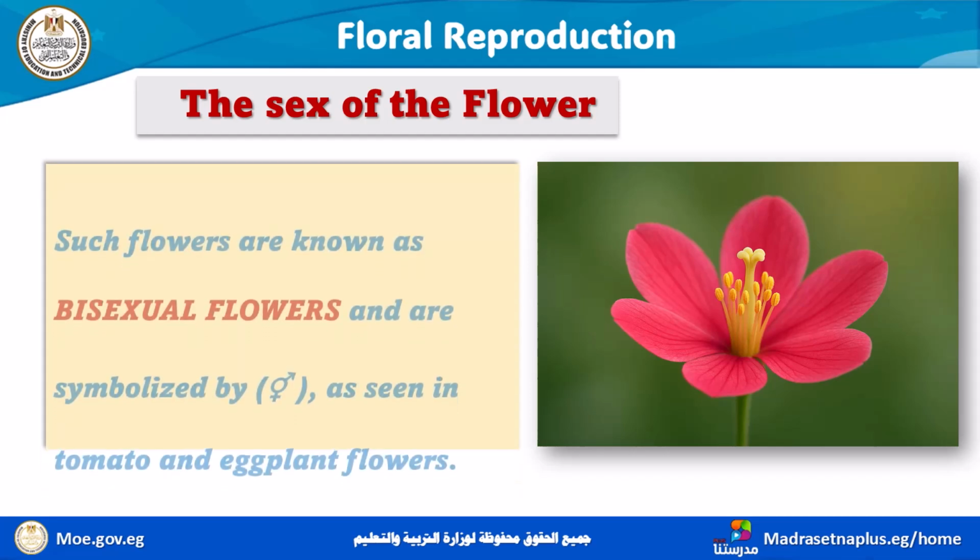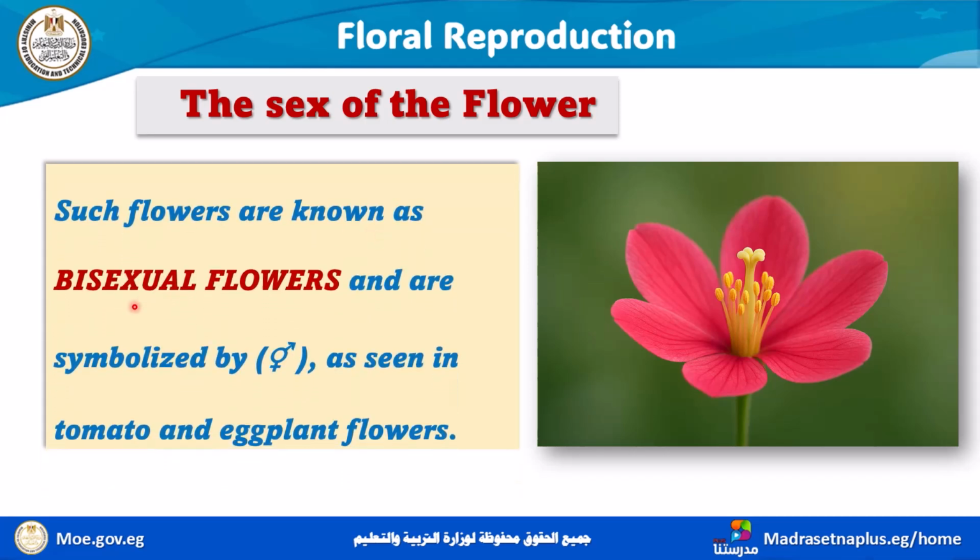Such flowers are known as bisexual flowers and are symbolized by this symbol. This is the symbol of bisexual flowers, as seen in tomato and eggplant flowers. So in this flower, we have the male part and the female part of the flower.